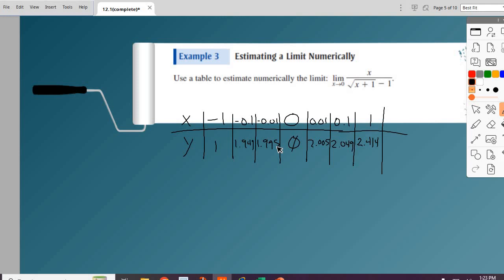Okay, so again, we already looked at the graph of this, but we should be able to see as our values are approaching 0 for our x's, what are our y values approaching? 2, which is what we got last time too, but we just clarified.